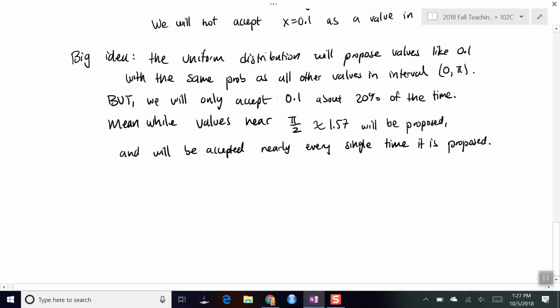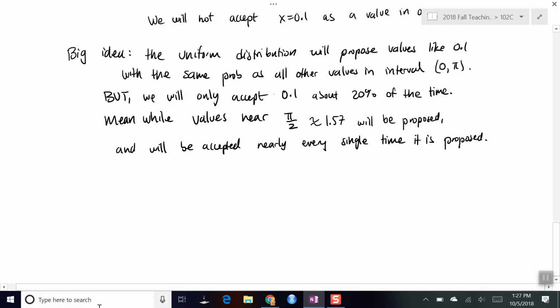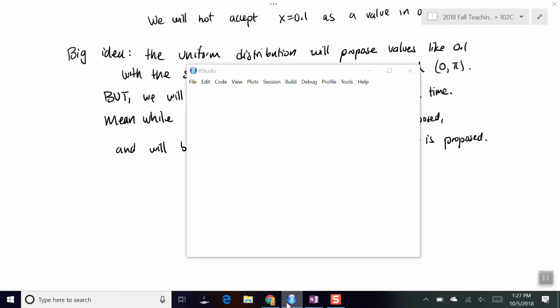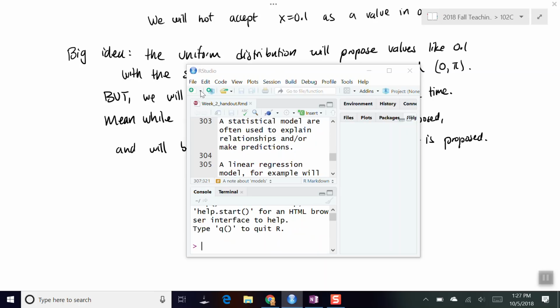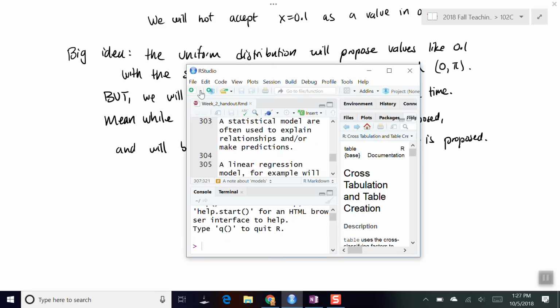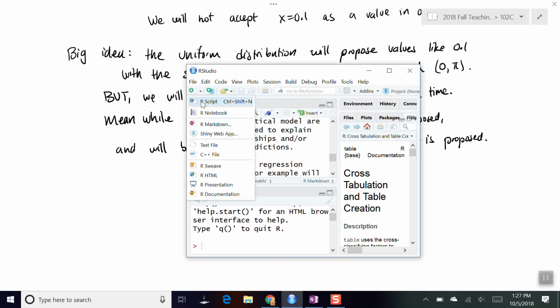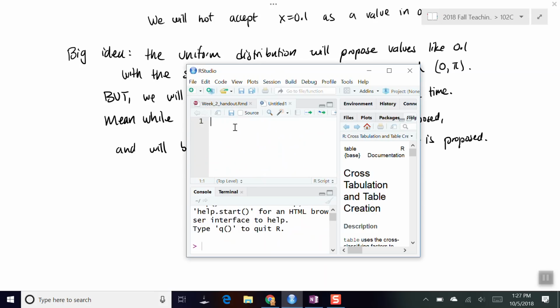Okay, and I'm just going to code this up very quickly because it's very simple. In a script, let's say x, these will be our proposed values, will be our unif.